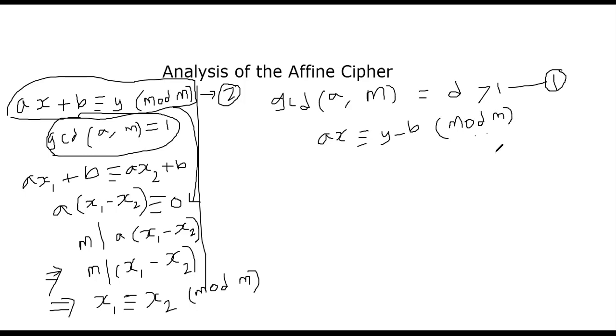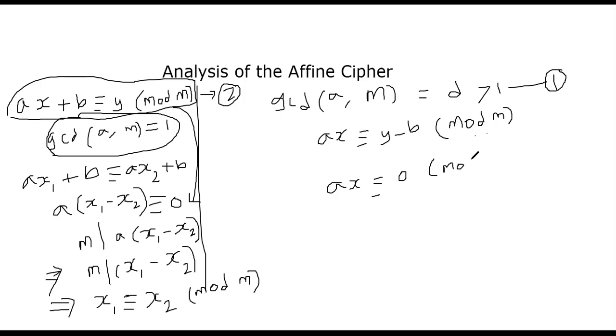Y minus b will generate all possible m values. So let's assume for a moment the scenario that ax turned out to be 0. It can happen, because y minus b will generate all possible values, so it must also generate 0 at some point.